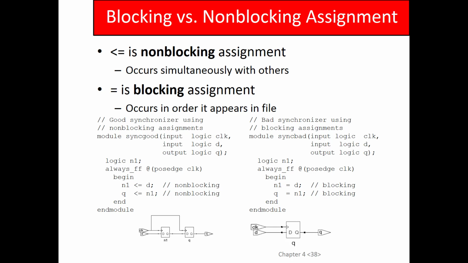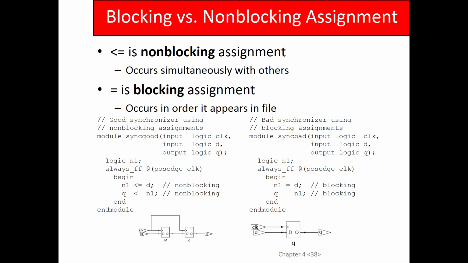So in other words, when you use non-blocking assignment, the assignments don't take effect until the always statement is done executing, until it's been fully evaluated. You guys with me? Right?